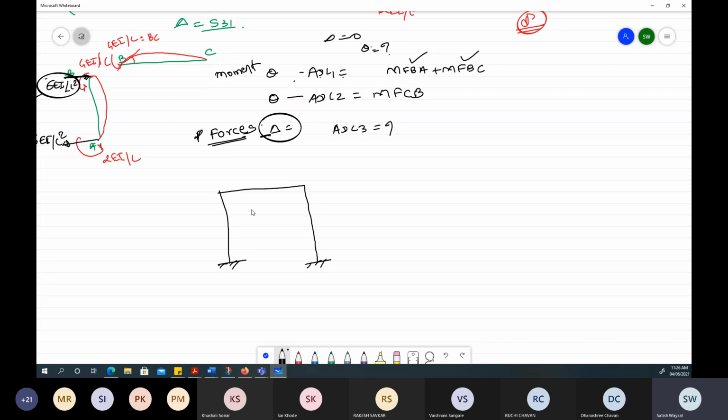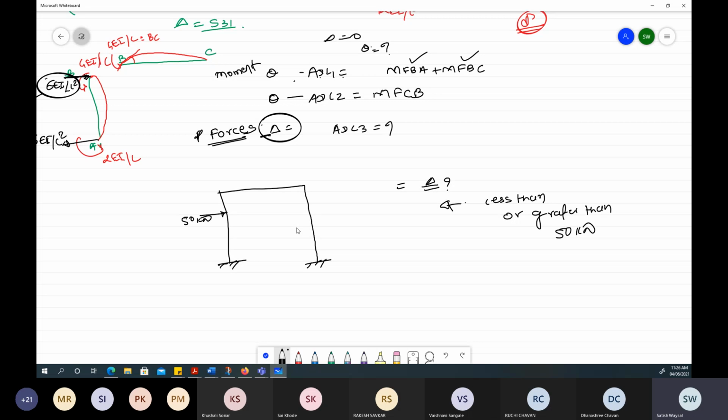That is my aim. See, when the structure is subjected to some horizontal load, okay, here a 50 kilonewton load will be there. When this deflects, when the opposite reactions are less than or greater than this 50 kilonewton load, then and only then is it possible to have a sway.